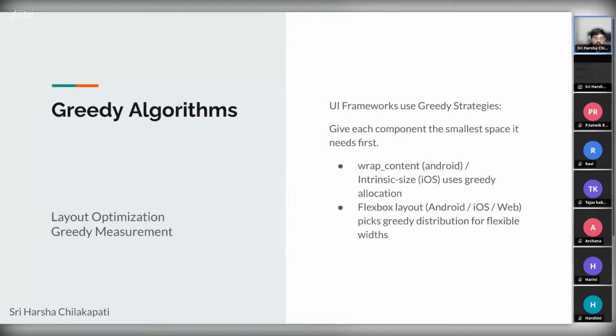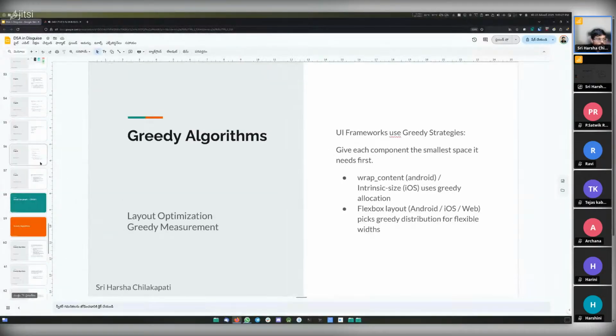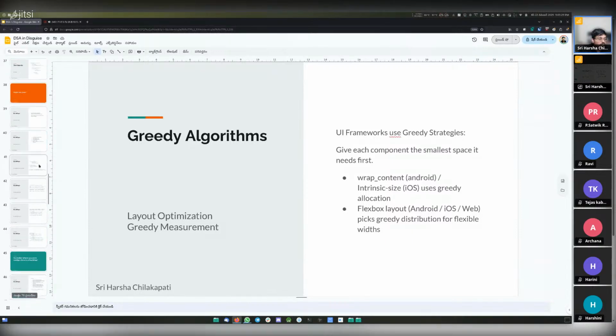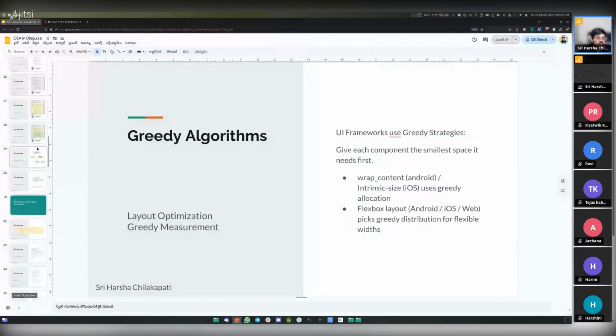Now, there are greedy algorithms in layout optimizations as well. As I said, there is a measurement phase, right? Give each component the smallest space it needs first. So for a second, I'll go back to the previous slide where I have this user.